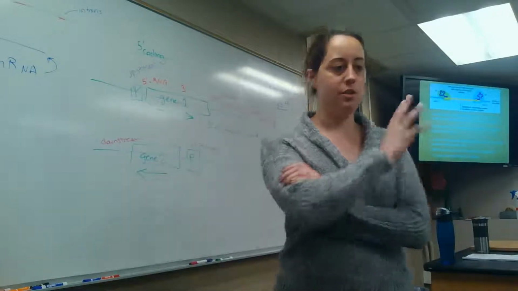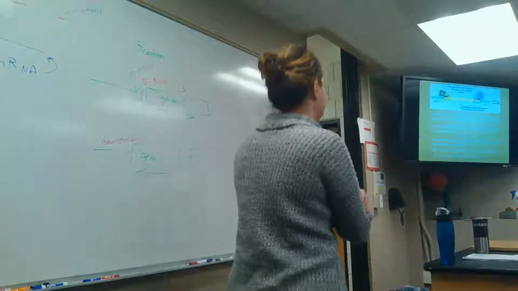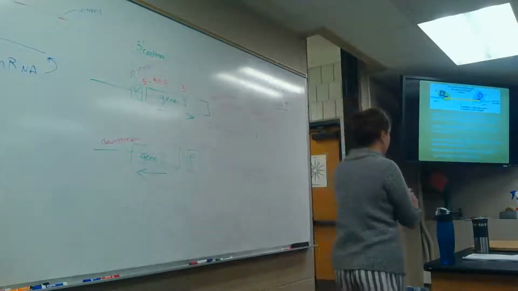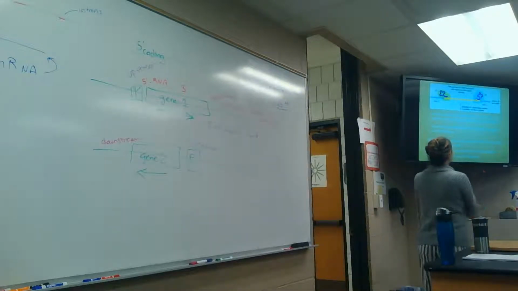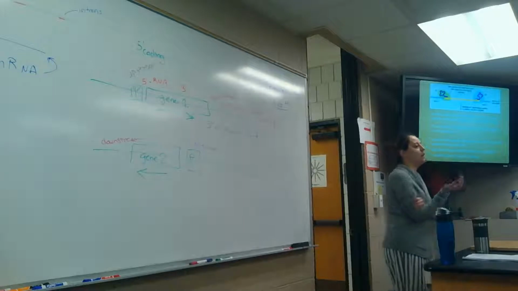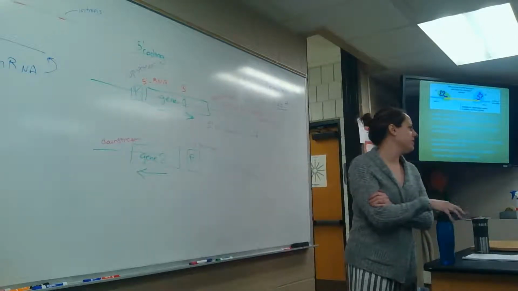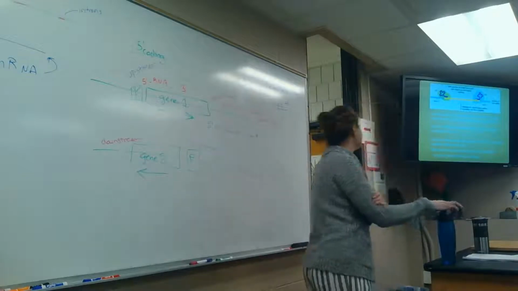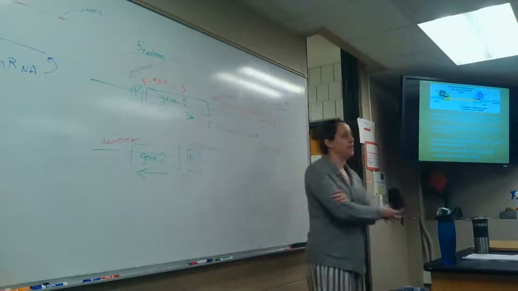So you don't need to know all the details of this, but I have seen these words in the news sometimes. So just to connect with that, if you've heard of small nuclear RNAs or things called SNRPs, you've heard of these on the Science Channel and stuff. So this is what they're talking about. It's part of the spliceosome.